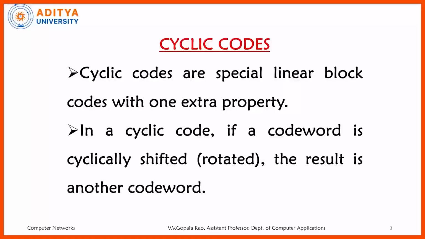During transmission, one bit or more than one bit may be corrupted. Corrupted in the sense that it may be altered: 1 may be altered to 0 or 0 may be altered to 1. Whenever this happens, it is considered a corruption. In our terminology, it is called an error.